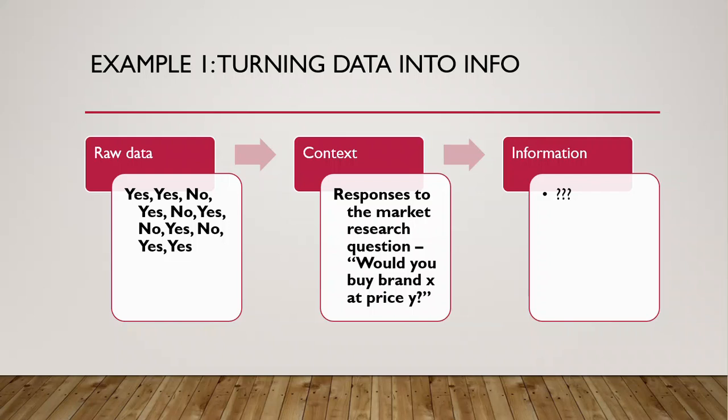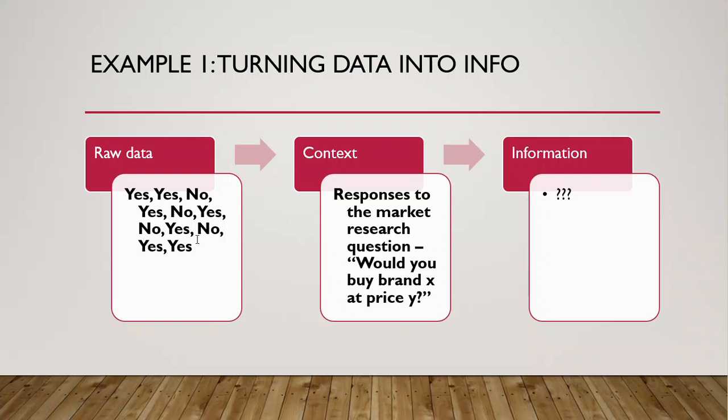This is how we turn data into info. From yes, yes, no, yes, no, yes, and so on, this is raw data. The raw data can be given certain context so that it can be transformed into information. If this raw data is given this context, for example, responses to the market research question, for example, the question is, would you buy brand X at price Y?